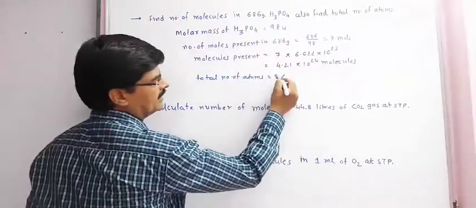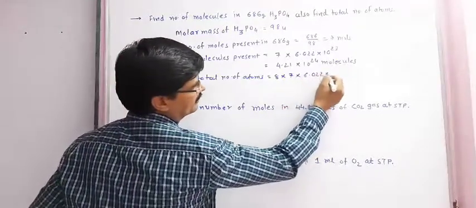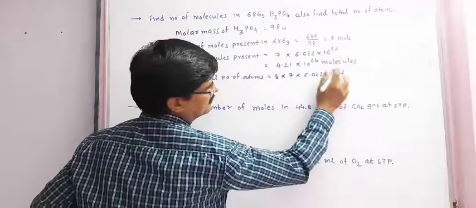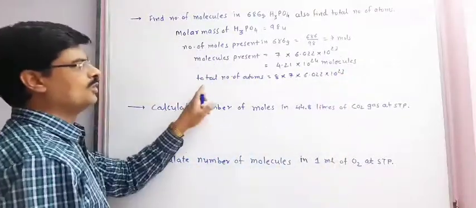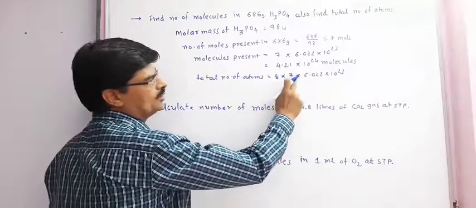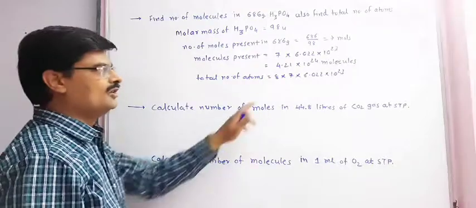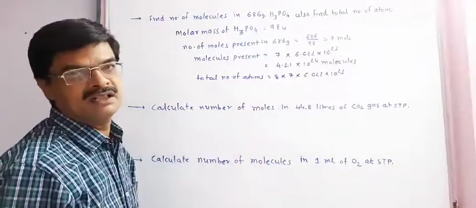So, 8 into 7 moles into Avogadro number. Total number of atoms is equal to 8 into 7 into 6.022 into 10 raised to 23. On solving this, we will get our answer.